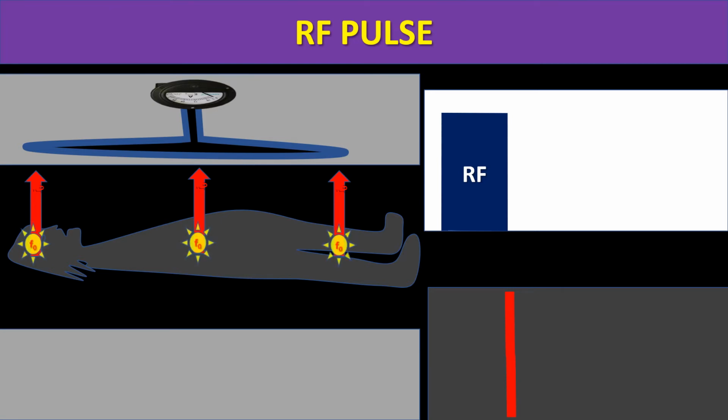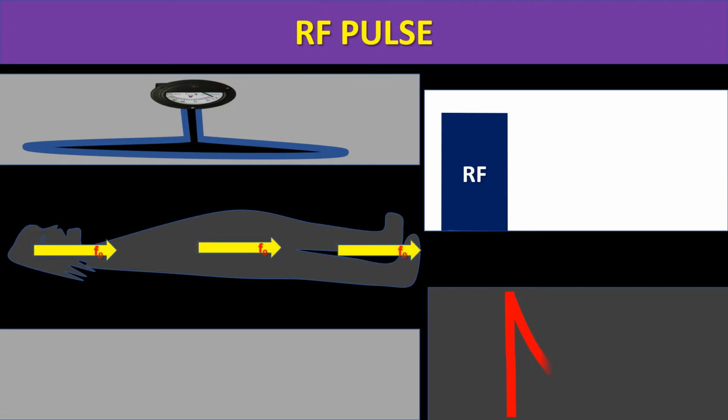Once the RF pulse is removed, the magnetic field will go back in the direction of the magnetic field of the MRI machine, and then we cannot measure it. Whenever the magnetic field is perpendicular, facing the RF receiver, that's when we can measure it. So this is how we measure.